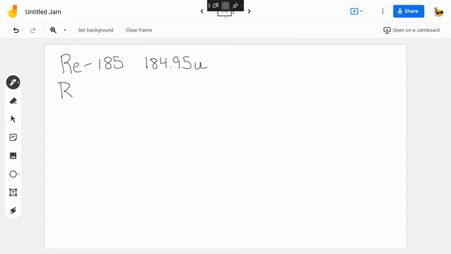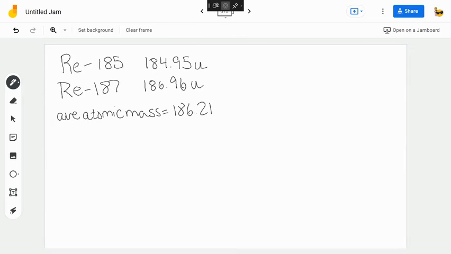Then we have rhenium-187 that has a mass of 186.96. They also gave us the average atomic mass, which comes from the periodic table of the elements, of 186.21.